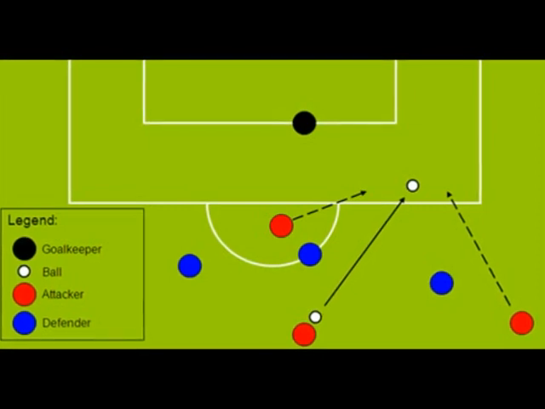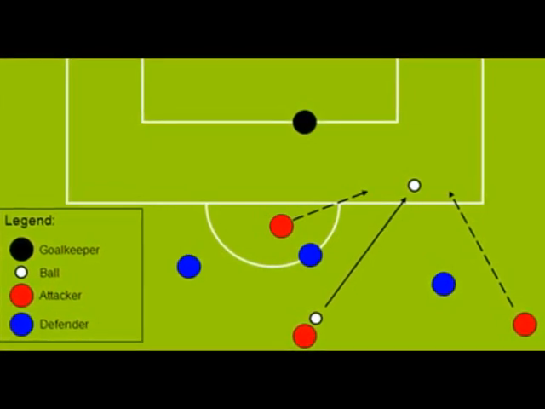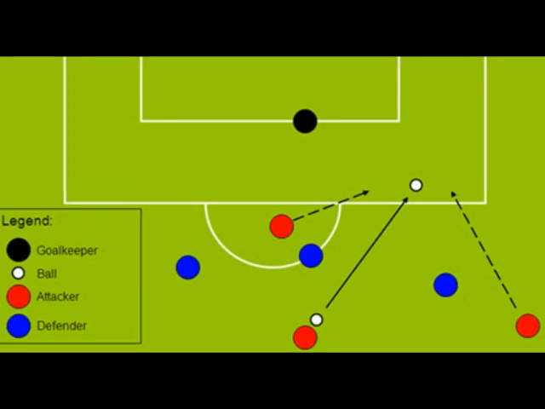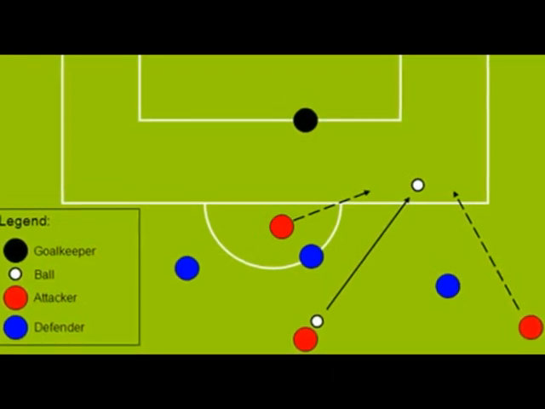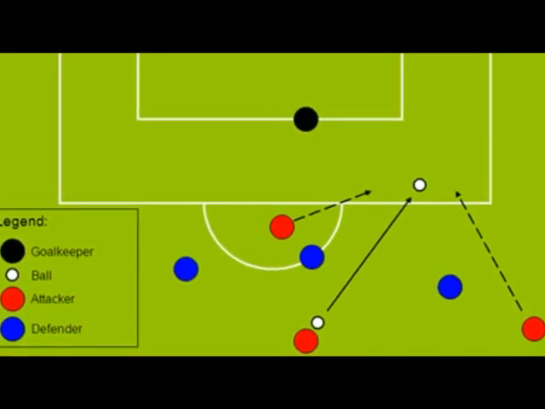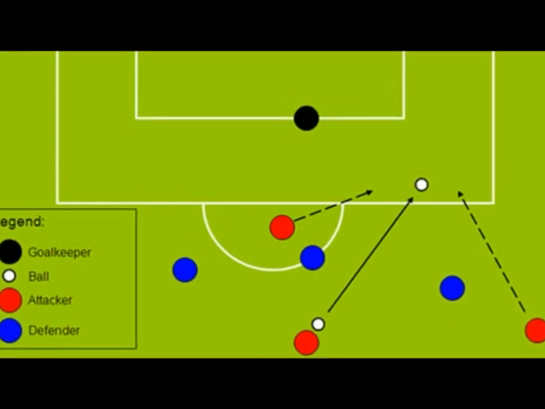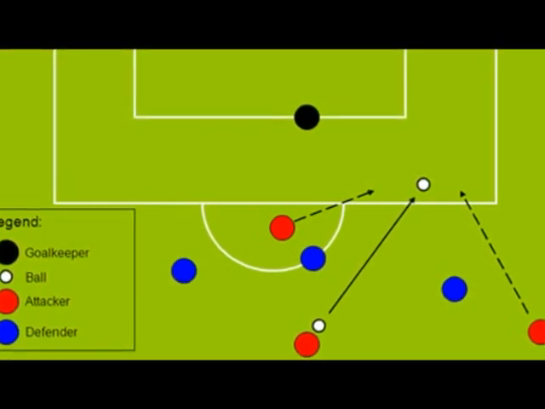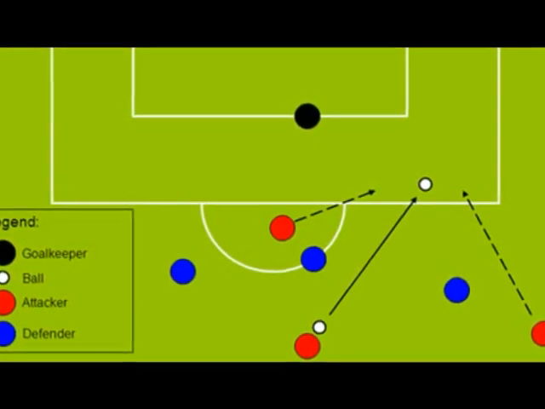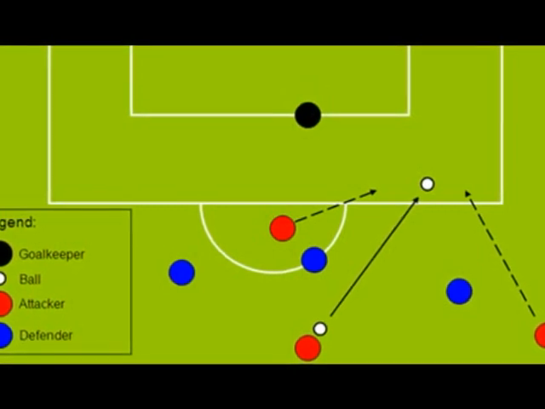Another exception to the offsides rule is if a player that is in an offsides position does not play the ball. For example, in this picture, the red player between the goalie and the last blue defender is in an offsides position.